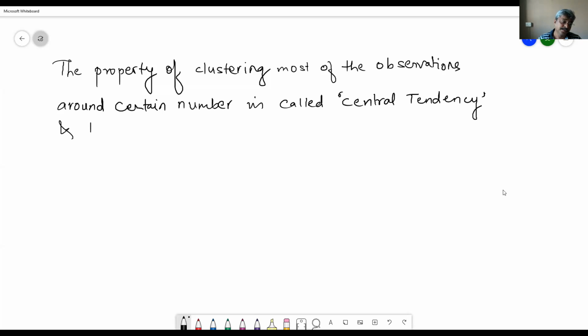And the value at which they cluster is a measure of central tendency.